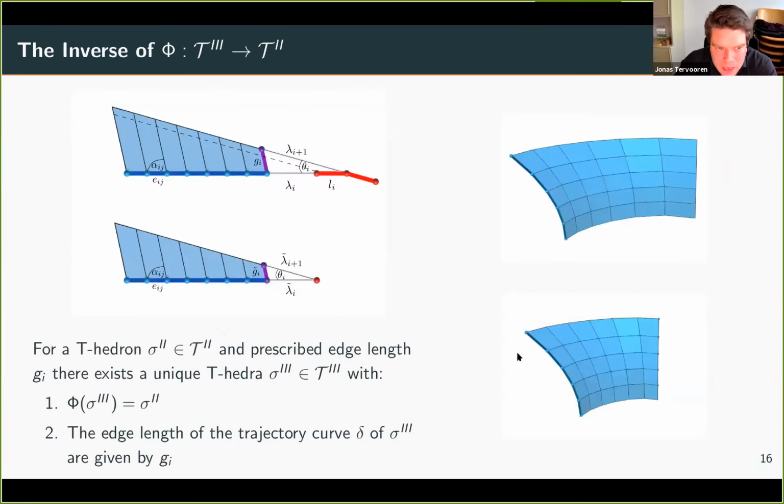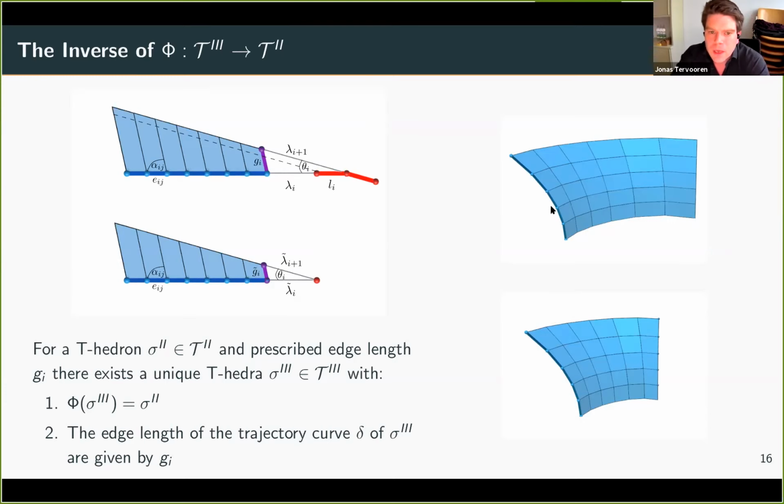This map is highly not injective, since if we change the length of the profile prism curve but keep the dihedral angles, then we will always project to the same surface of type 2.